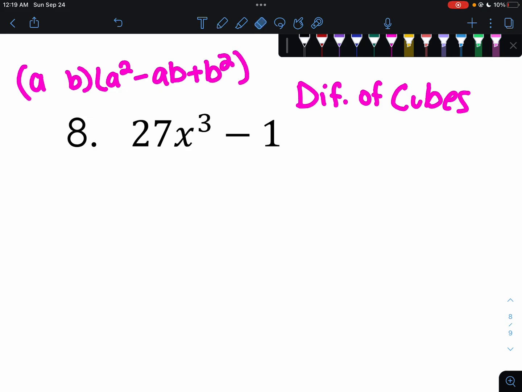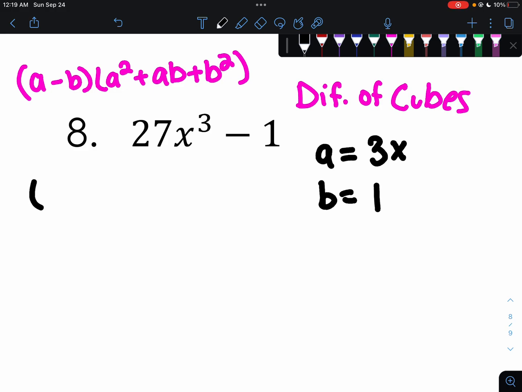This sign right here should be a minus, and this side right here should be a plus sign. So all we need to do is identify our A, identify our B. So what times itself 3 times would give me 27x to the 3rd power? That would be 3x. And what times itself would give me 1, which would be 1.